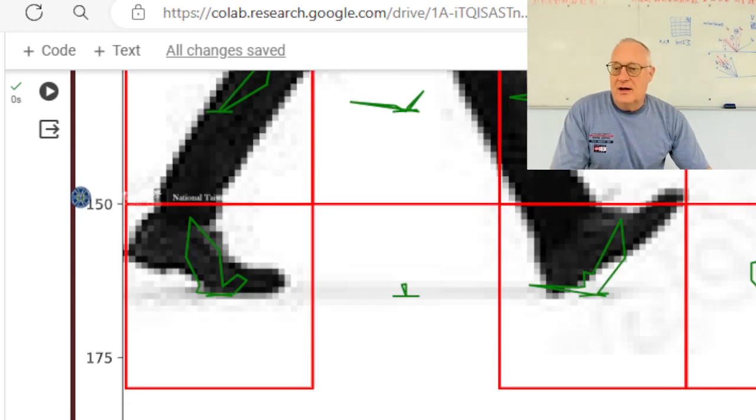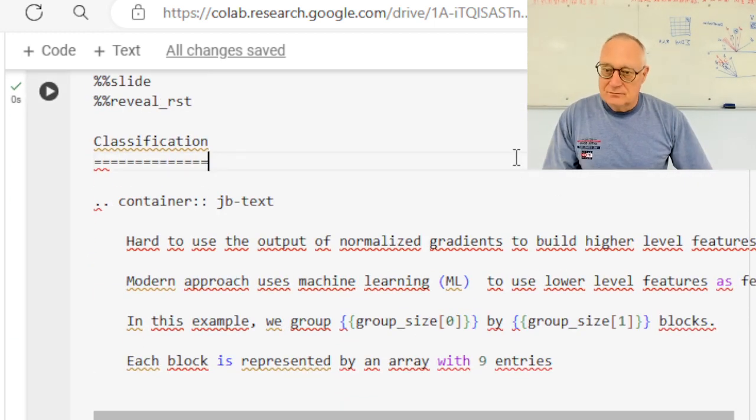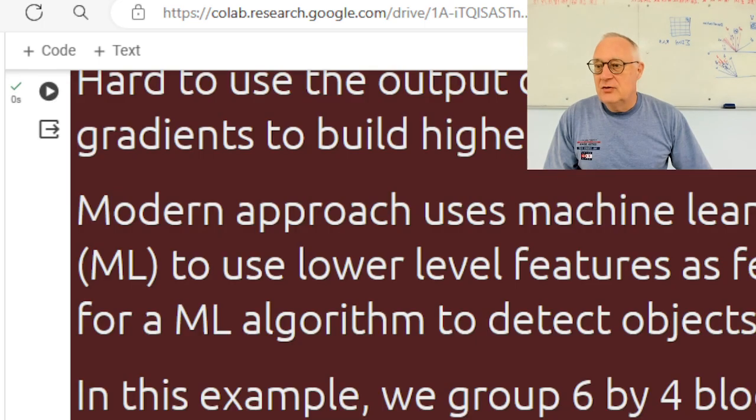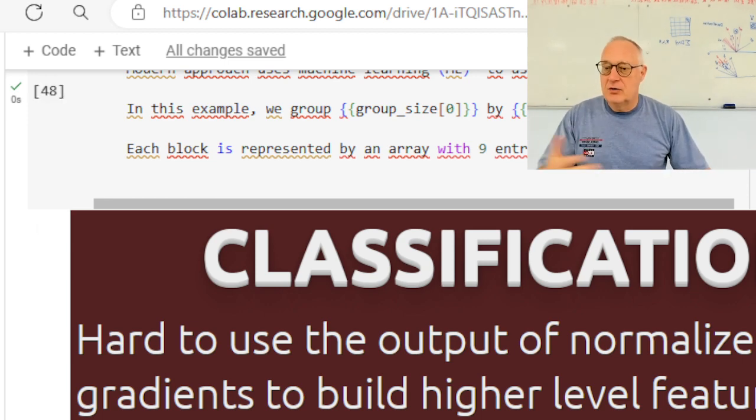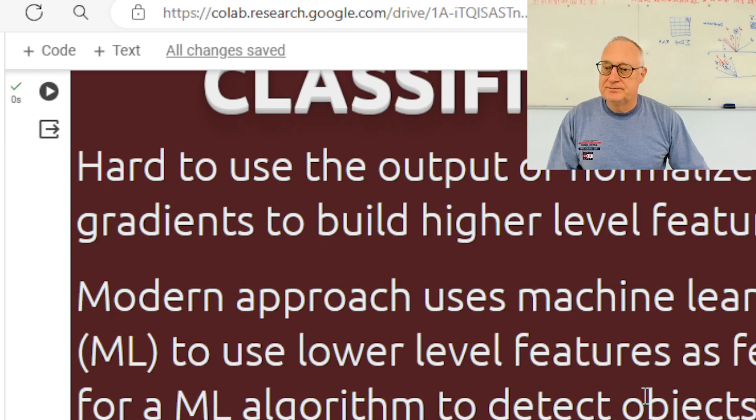So in that case, we can use that to build higher level features, but it does make sense, and the modern approach would be to use machine learning in order to come up with a classifier that as input takes the HOG features and then outputs a classification based on those HOG 9 floating point numbers for a group of areas.